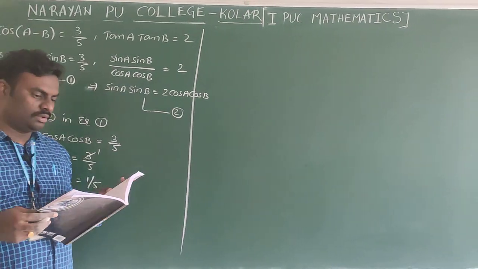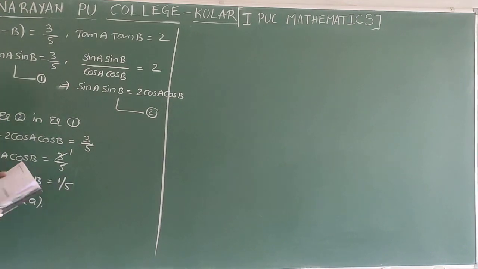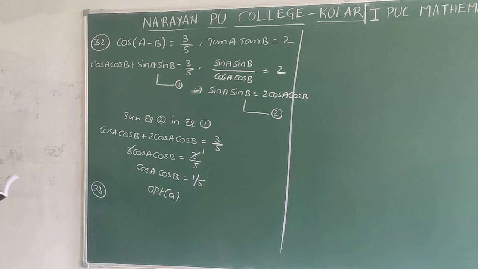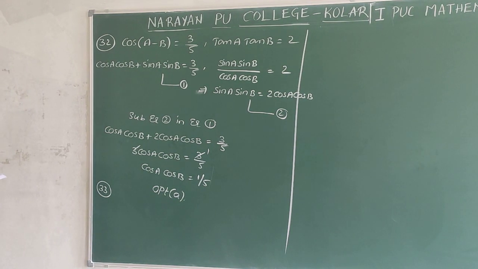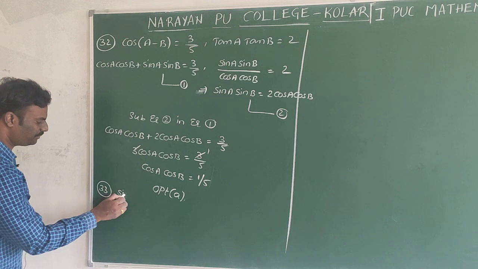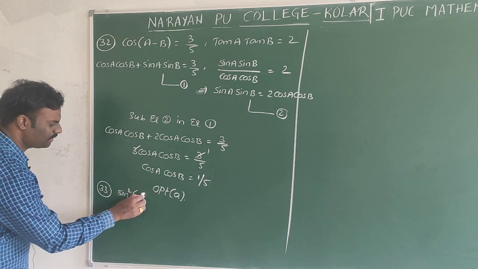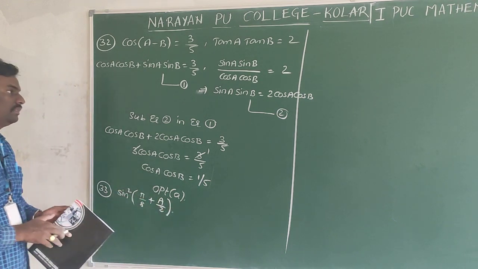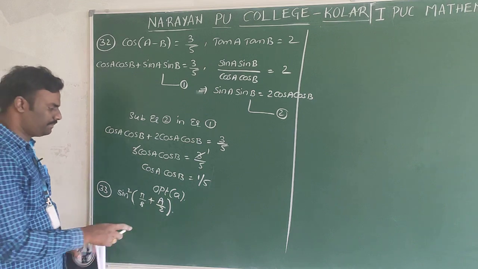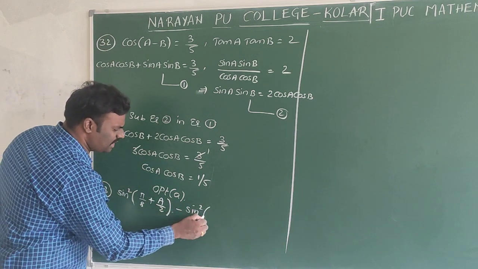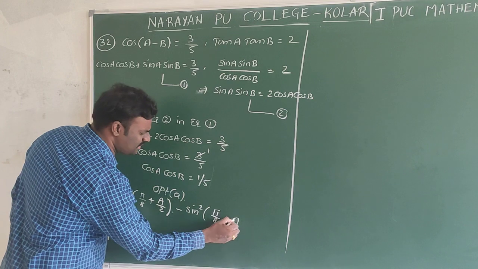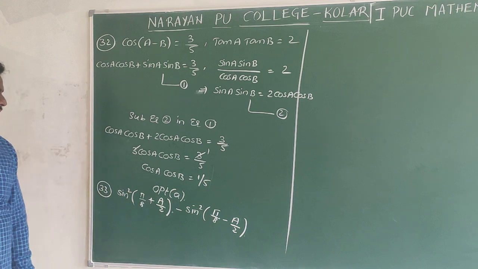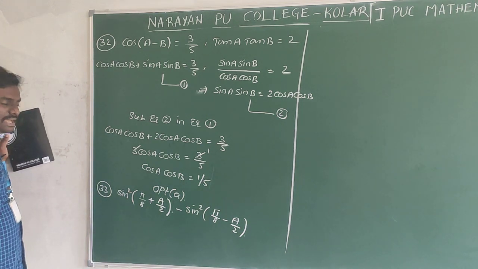Next question number 33, simple question. Listen, we need to find sin square of pi by 8 plus a by 2 minus sin square of pi by 8 minus a by 2. See, it is in the form of sin square a minus sin square b. It can be written as sin of a plus b into sin of a minus b.